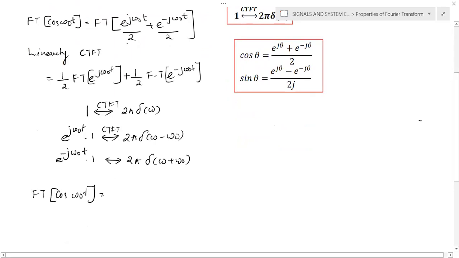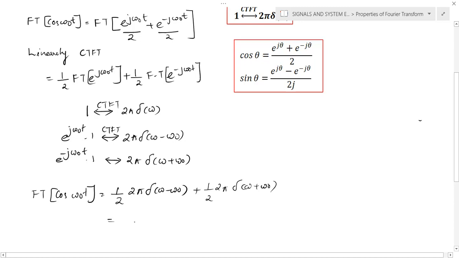We already wrote the expression using the linearity property. So it becomes 1 by 2 into the transform of e raised to j omega 0 t, which is 2 pi into del of omega minus omega 0, plus the next term, 1 by 2 into 2 pi del of omega plus omega 0.